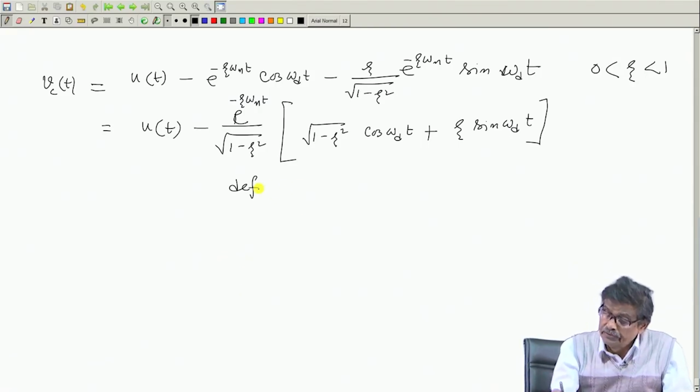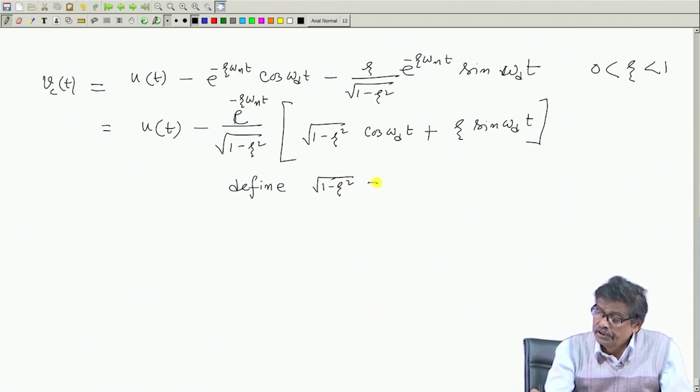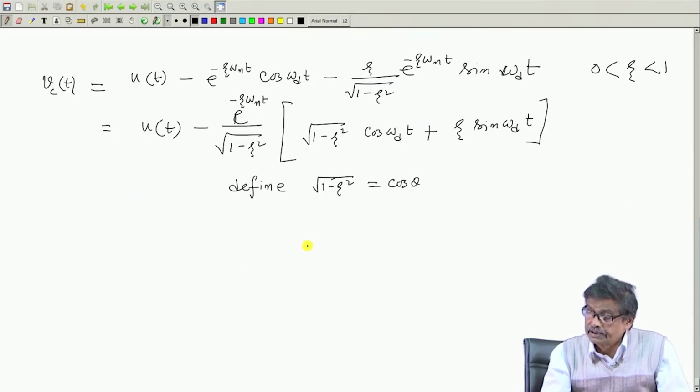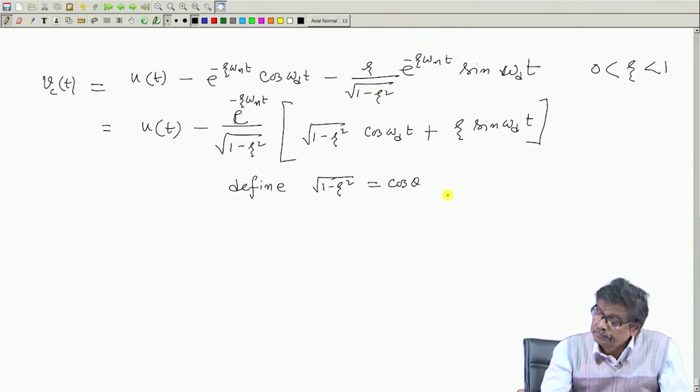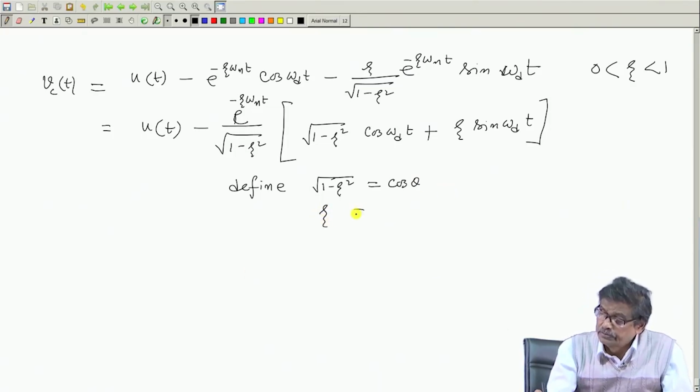and define root over 1 minus zeta square to be equal to some cos theta. Let us define that. Then zeta is sin theta, has to be, because this square plus this square is 1, matching.